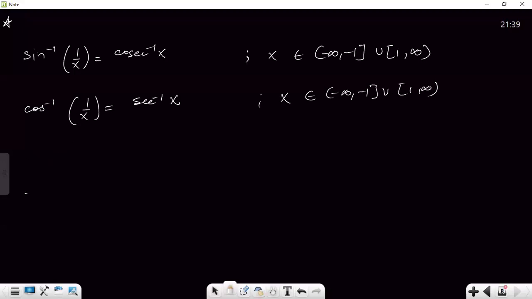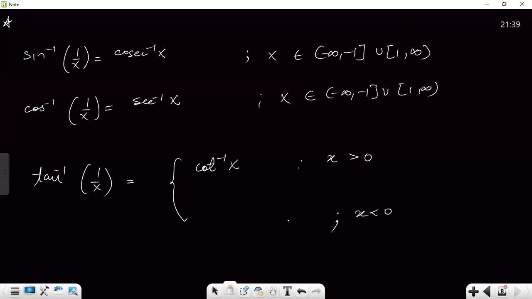For tan, things are a little tricky. And wherever things are tricky, definitely the question is going to build up from there only. So tan inverse of 1 by x will become cot inverse of x when x is greater than 0. And when x is negative, tan inverse of 1 by x will become minus of pi plus cot inverse of x.